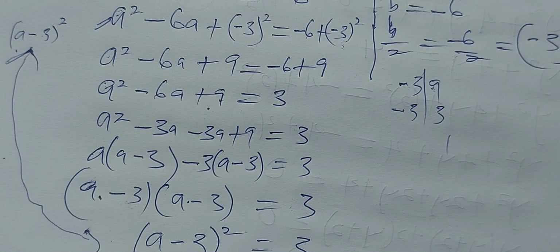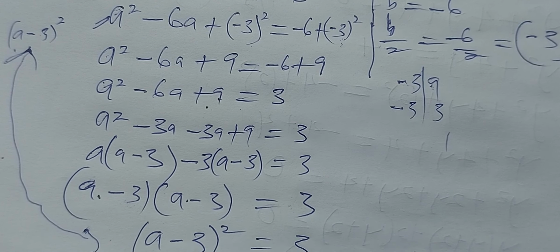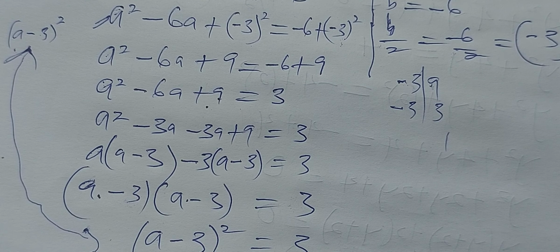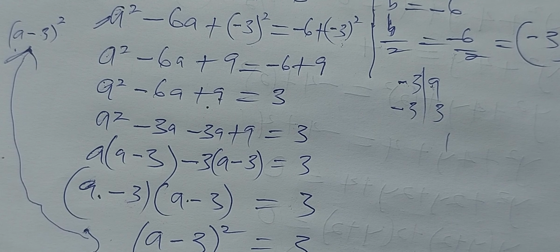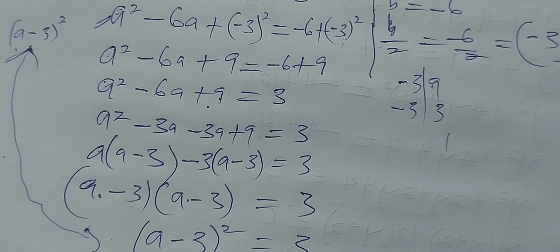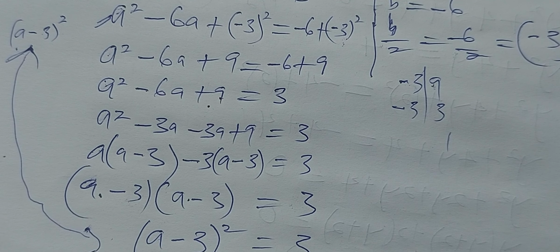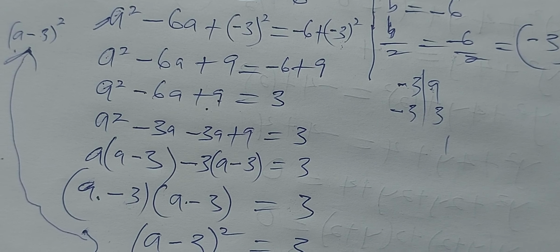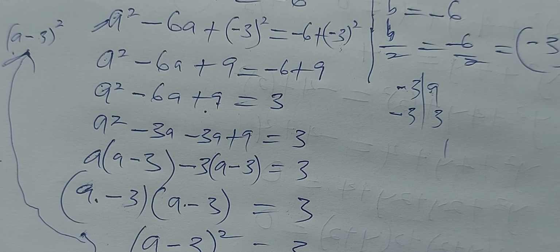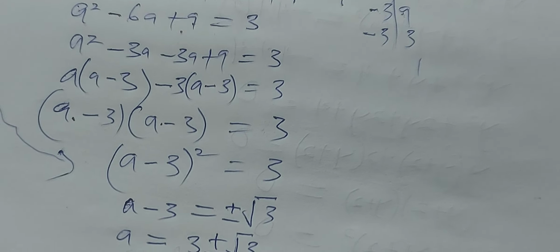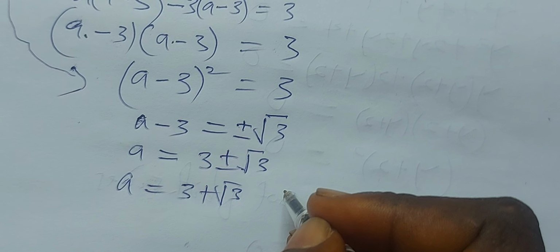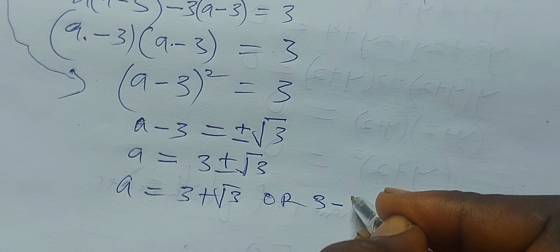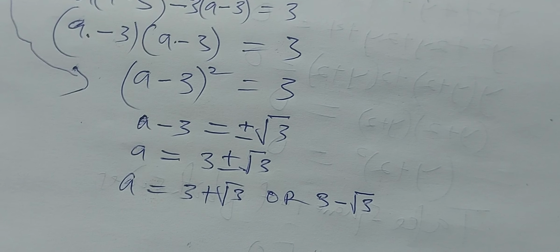a minus 3 is equal to, to clear this square, you introduce your plus or minus sign, plus or minus square root of 3. So you now have a is equal to 3 plus or minus square root of 3. What is the square root of 3? You can have 3 plus square root of 3, or 3 minus square root of 3.